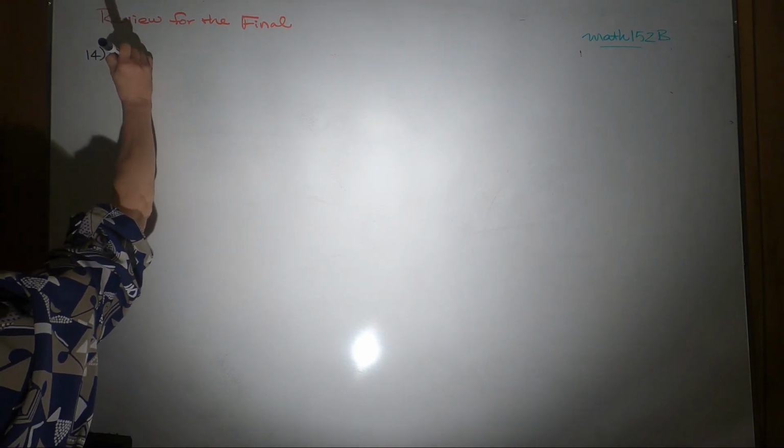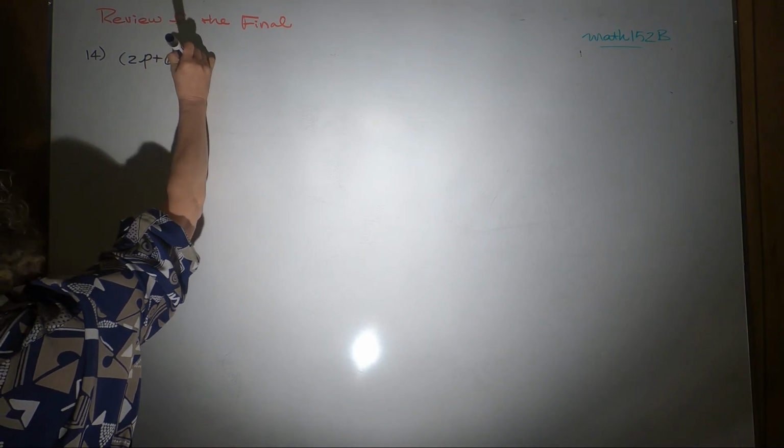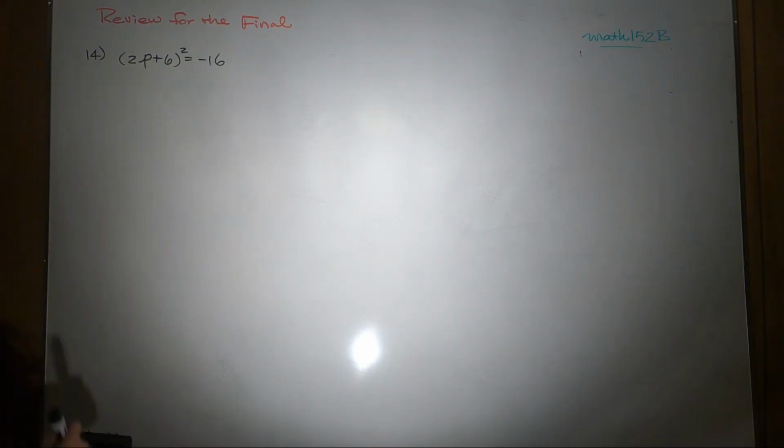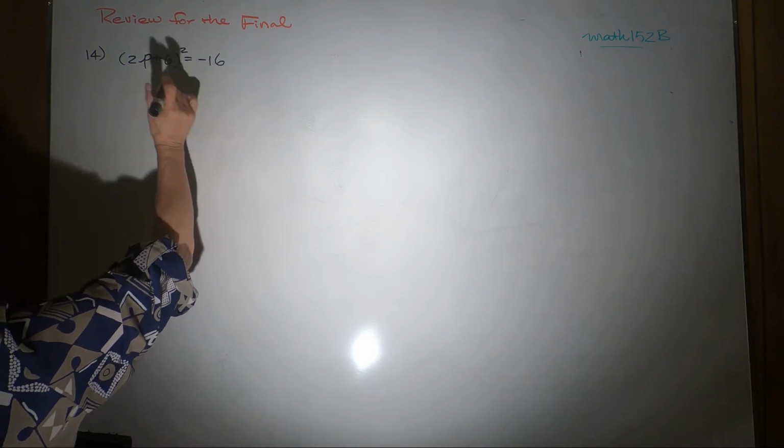Let's solve some quadratic equations. For the second degree quadratic equations, right? So use the even root property. That means one side has a square, one side is a number.